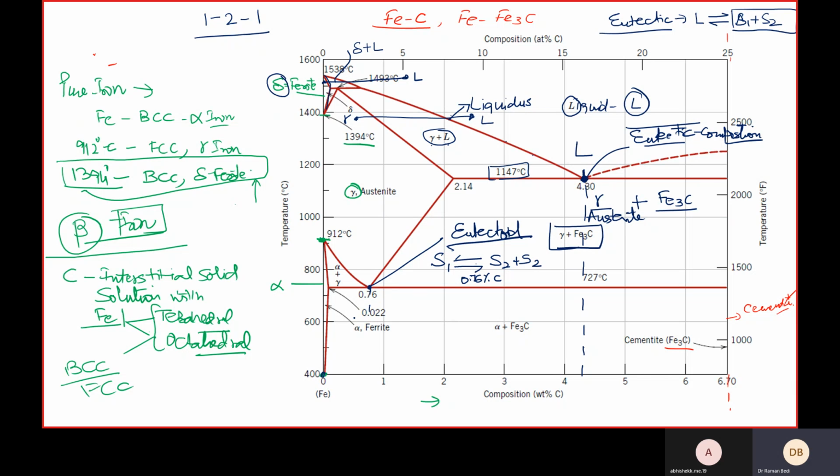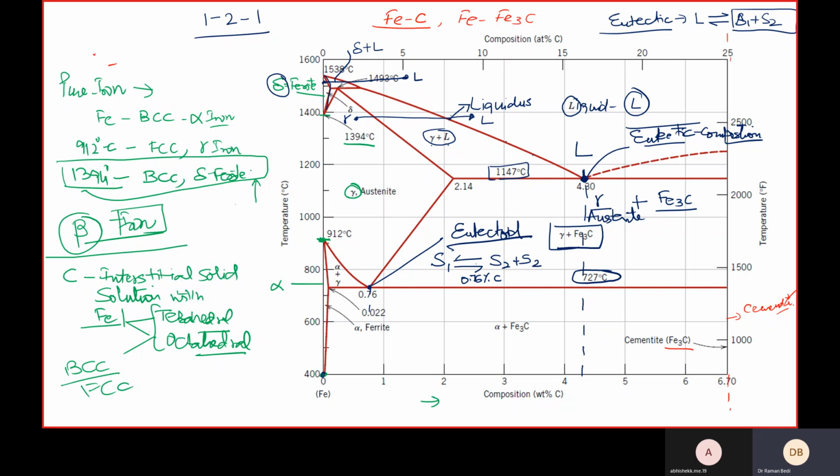What is happening here? The single phase above 0.76% carbon, at a temperature of 727 degrees centigrade. Again, an invariant reaction, which happens at a carbon percentage of 0.76% and only at a temperature of 727 degrees centigrade.